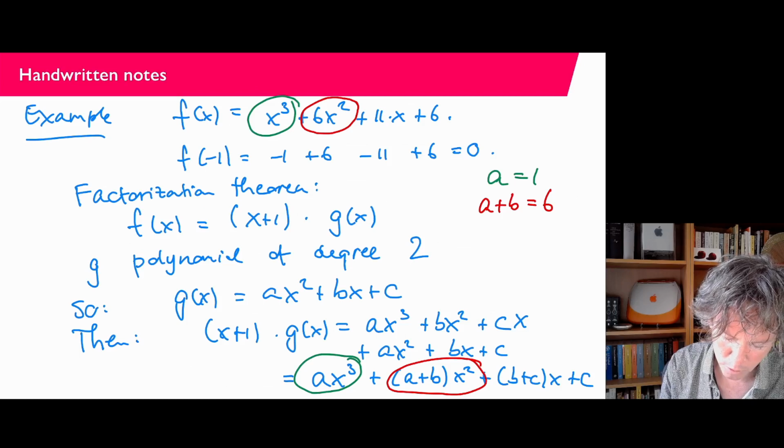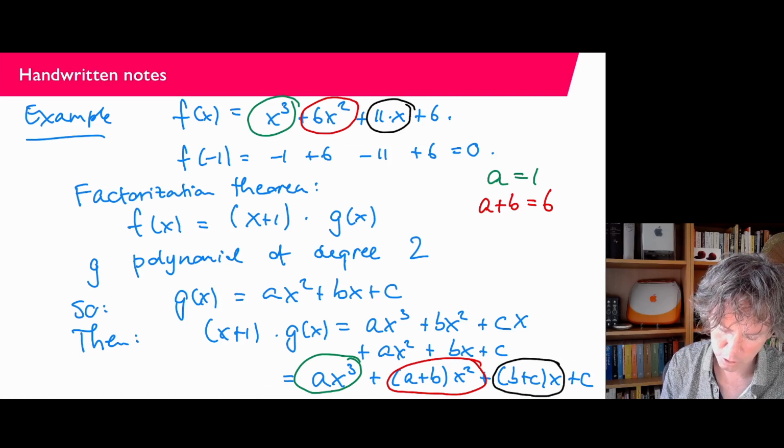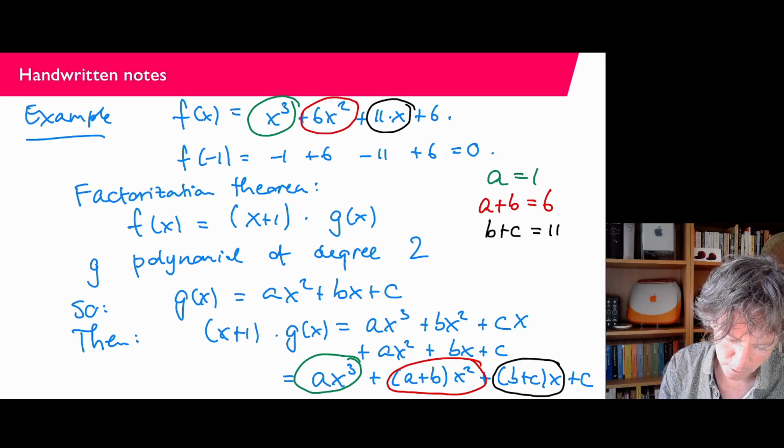Black always works well. 11 times x should be the same as b plus c times x. So b plus c should equal 11. And then finally, let's pick orange. 6 should be the same as c. So c equals 6.